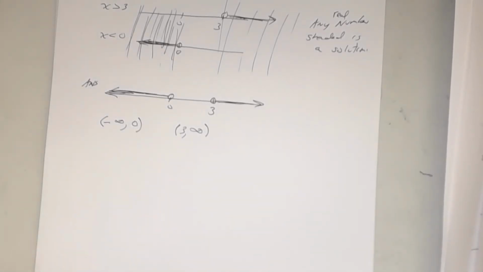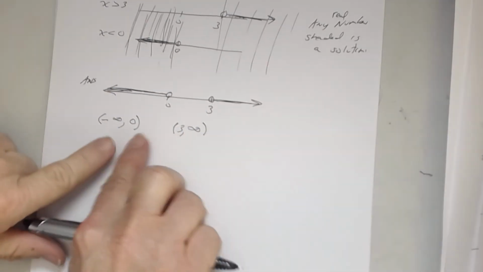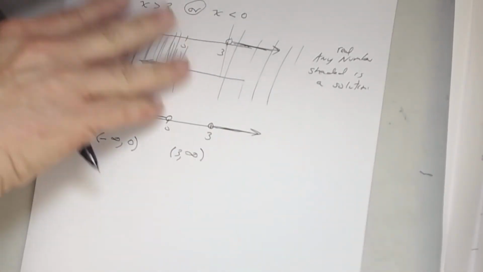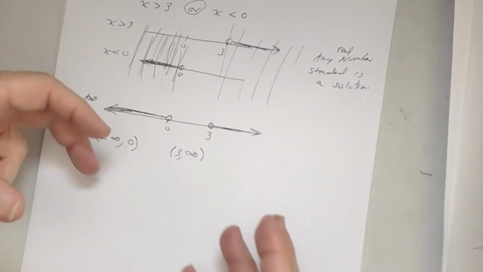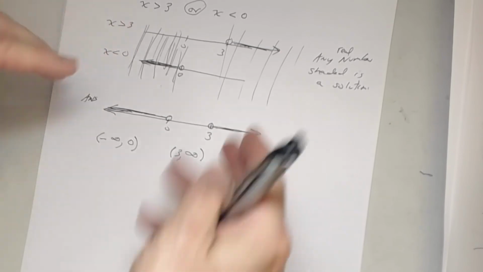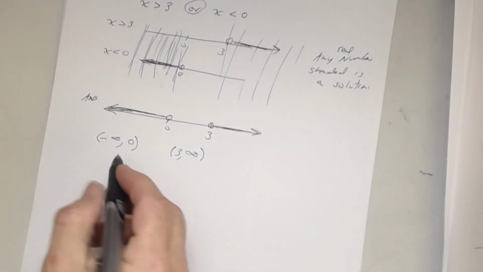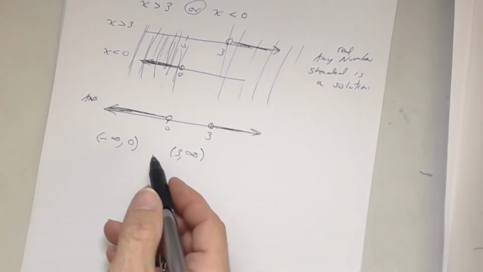Now, on my math lab, remember, in the ones we did earlier, there were how many intervals with the and statement? Just 1. Here you have how many intervals? 2. It's not always true with an OR statement, but with this one it was. So this is a union of 2 intervals.